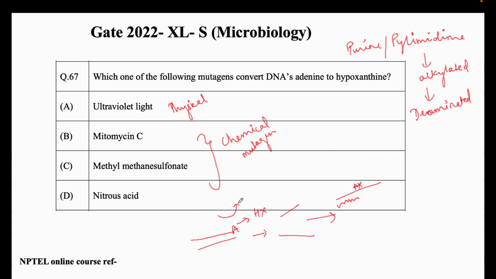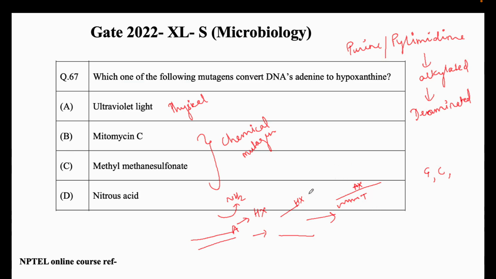Opposite the hypoxanthine there will be a different nucleotide. It should be T here, T should be added opposite of A. Now in place of T any other nucleotide could be added. So this will lead to a point mutation in the DNA.